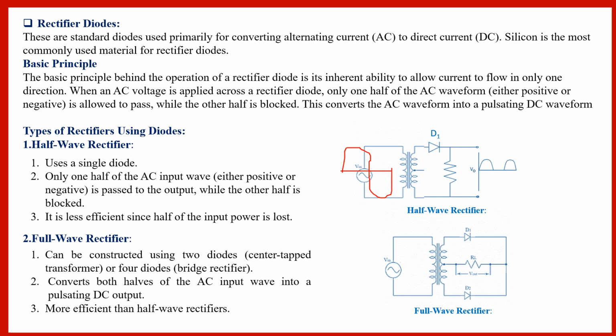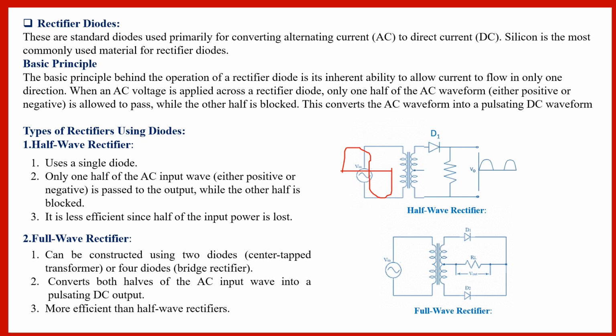So we can see the circuit details here. If we see this figure, and we apply this wave, the complete wave is applied here. Basically what happens is the AC supply which is to be rectified is applied in series with the diode, and at the output we have a load resistance.